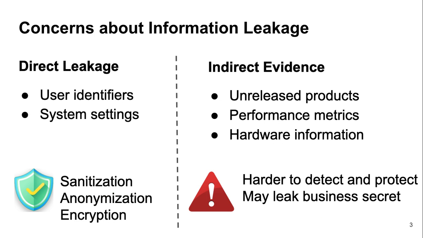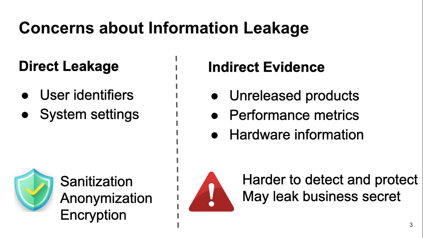Despite the increasing need for log sharing, companies are often unwilling to share their logs due to concerns about information exposure. These exposures include not only direct leakage of user identifiers and system settings, but also indirect evidence of unreleased products, performance metrics, and hardware information.